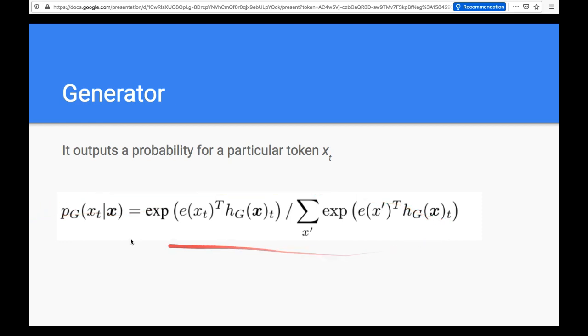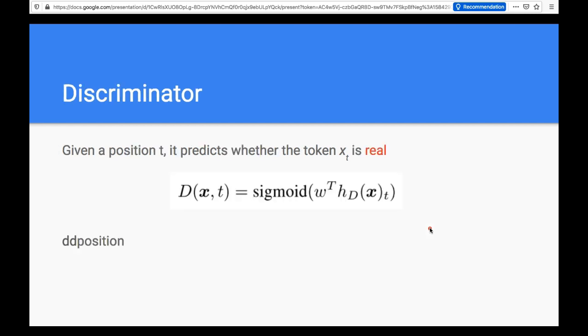That is what this formula is saying. If you are not familiar with this, you can look up language modeling and self-supervised papers, or just BERT language modeling, and they will have some explanation for that. And for the discriminator, it's the most important part of this paper.